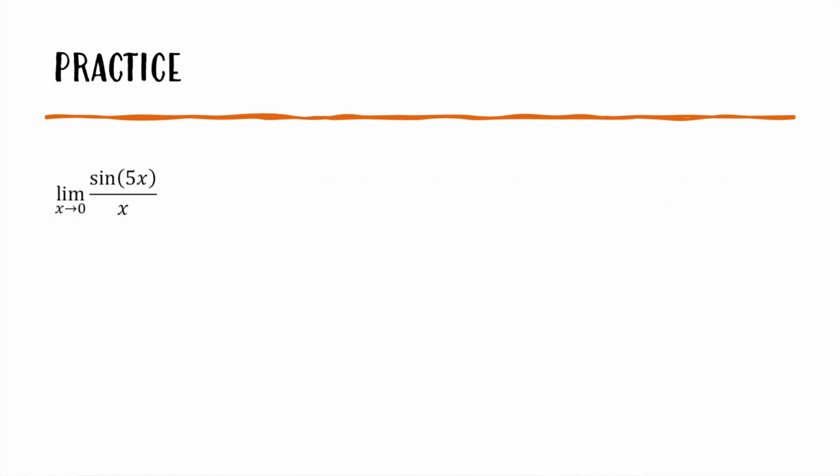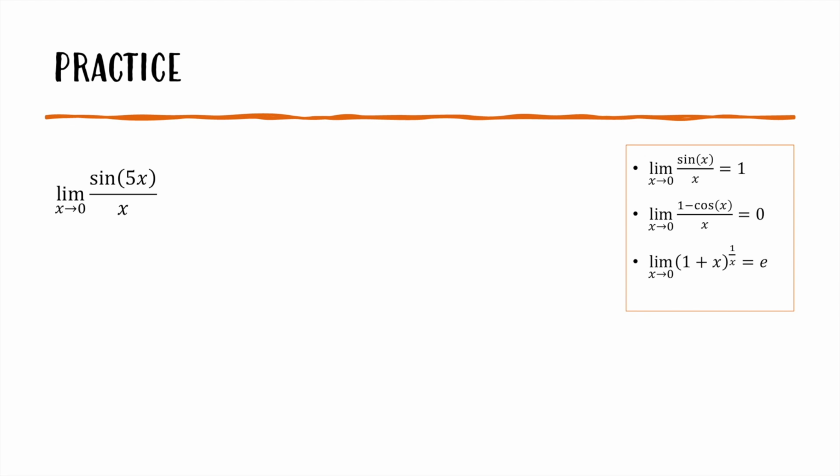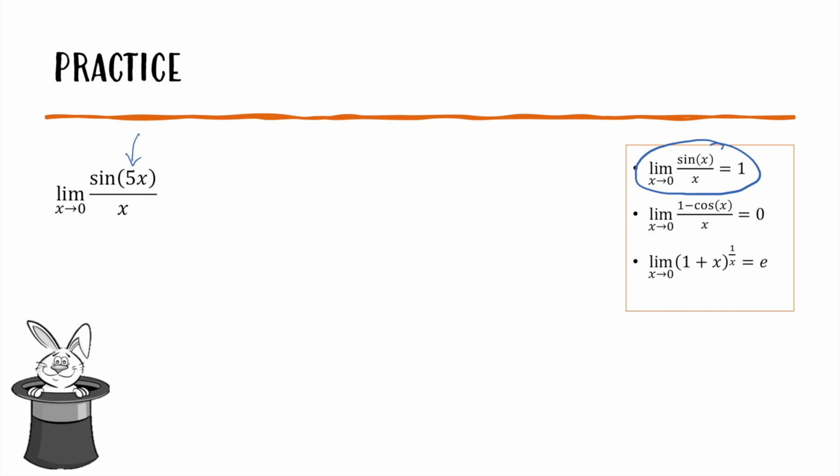Okay, this one's kind of cool. I like the way this one works out. The limit as x approaches 0 of sine of 5x over x. Now it almost matches this one, but not quite because of this silly 5 here. So I'm going to do some math magic. I'm going to multiply the top and the bottom by 5.